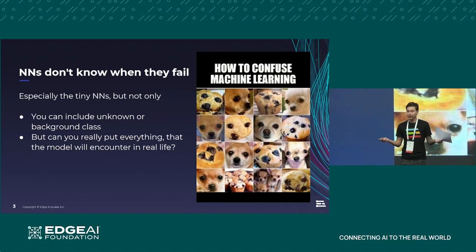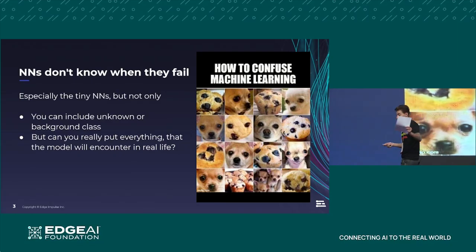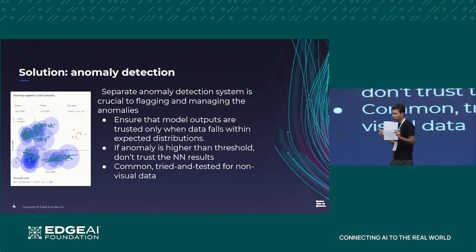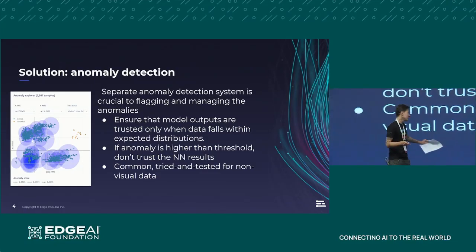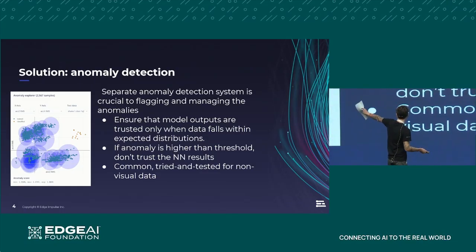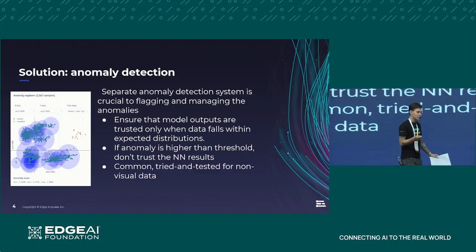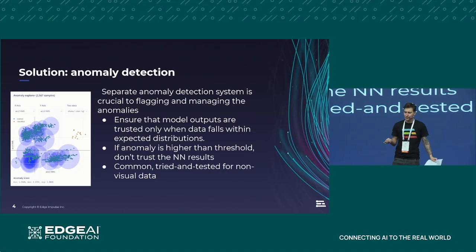And it's very difficult to predict everything that the model will encounter in the real world. So the solution here is anomaly detection, right? And it's not a super new thing. Here you see the interface for k-means clustering anomaly detection. It's been around for a while. K-means is very simple, very powerful.